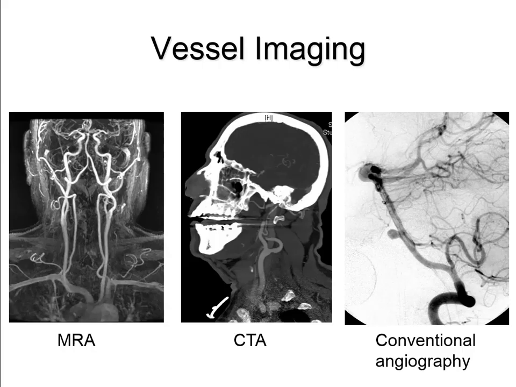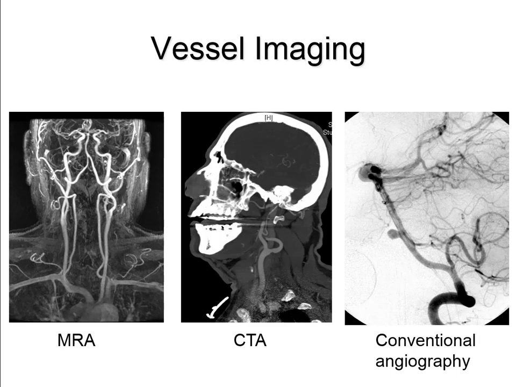In order to map them, we now have the ability to use imaging. You have to remember that all of these stroke syndromes that were defined in the 19th or early 20th century were done based on clinical exam and autopsy. But we don't need to do that. We can actually image vascular flow, and one can do that by basically shoving a needle in with contrast, shooting it and taking images.